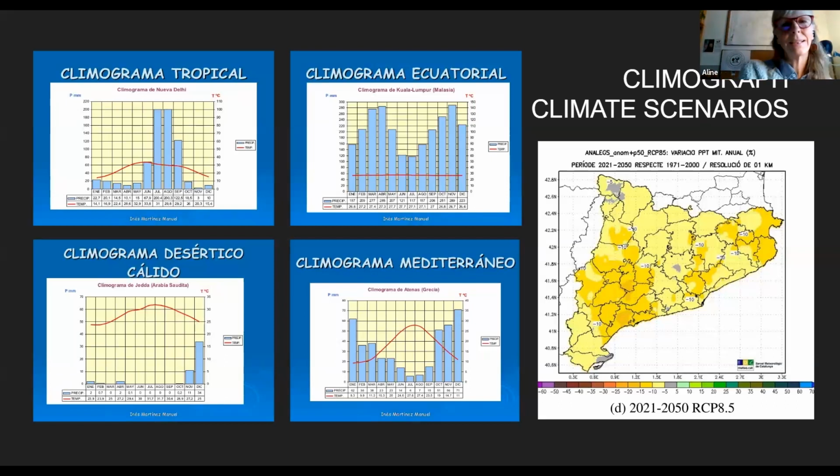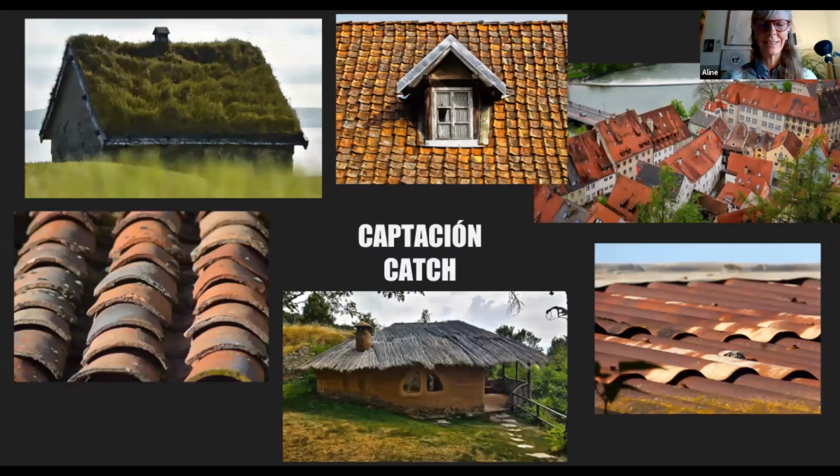So the last 30 to 50 years are going to be compared to the next 30 years, and it's going to get less and less rainy. So we need to know these kinds of things to be able to then design our systems.